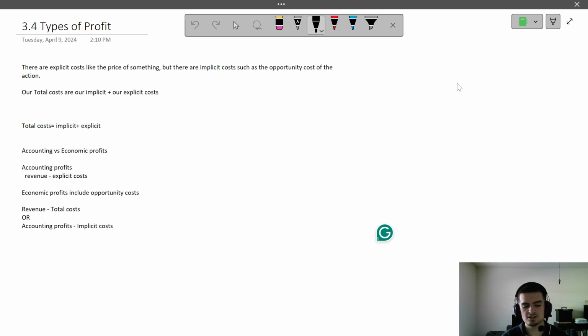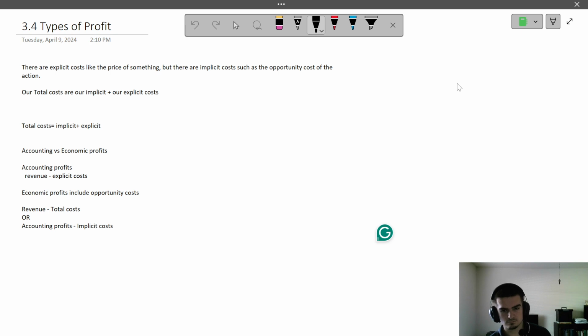So maybe you could sell that loaf of bread for $5 and your ingredients cost $2, but maybe it was $3 worth of time. So then your economic profit would be 0. Or another way to calculate economic profit is you take your accounting profits and you just subtract your implicit costs.